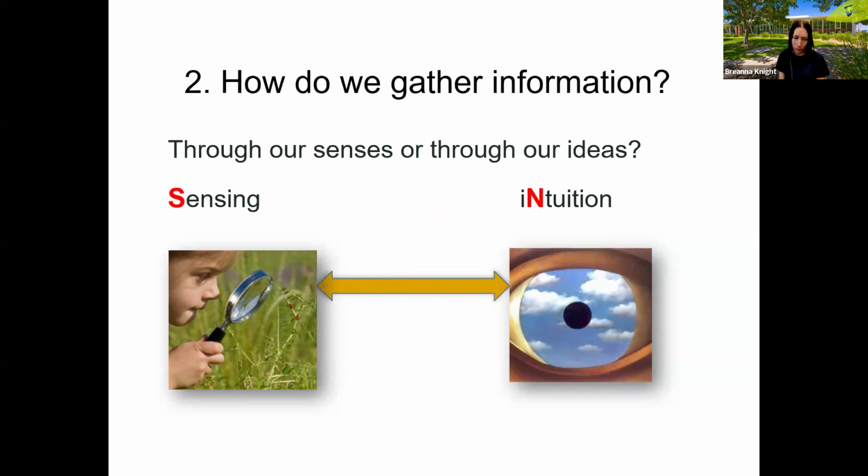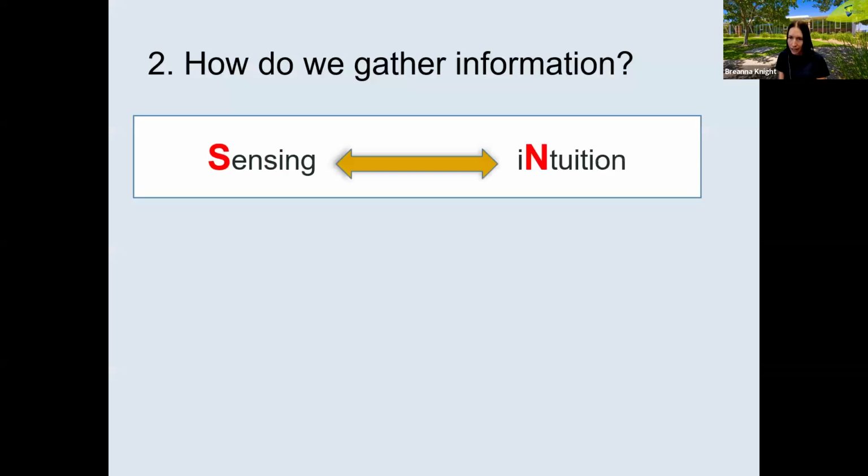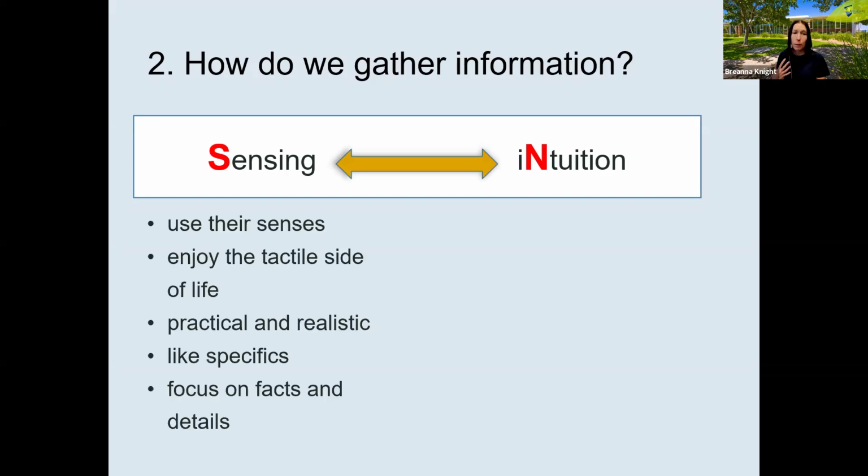And let me give you some more info and see if you still agree. This scale is actually quite similar to the scale from the learning types that we've just looked at. Someone who's a bit more sensing likes to use their senses. They're a bit more tactile. They like practical, realistic things. They like specifics.